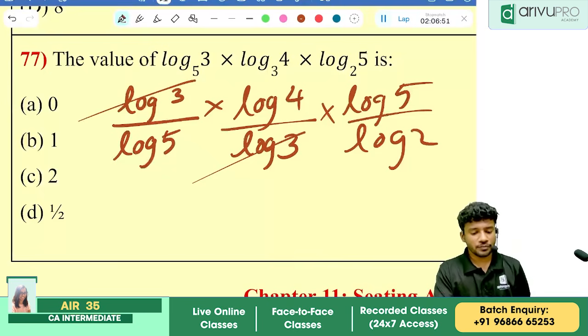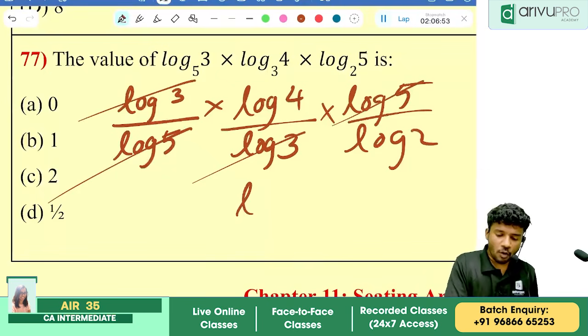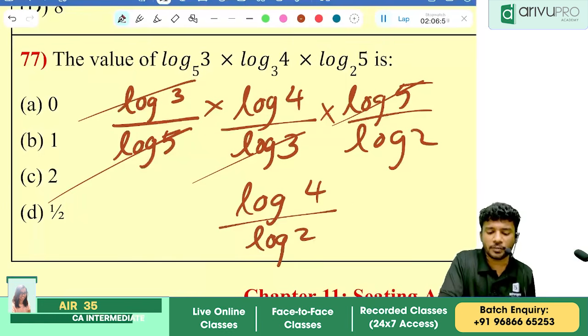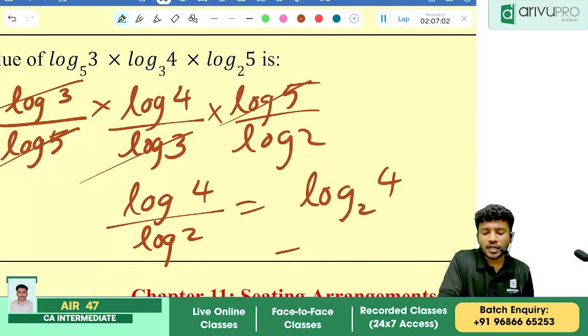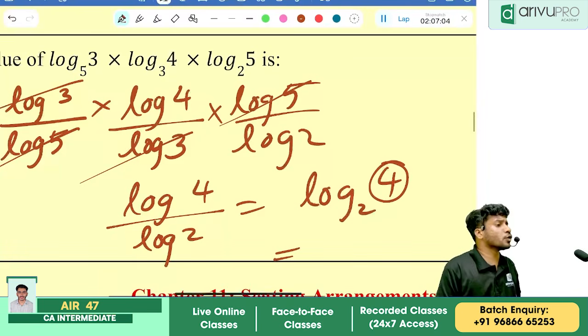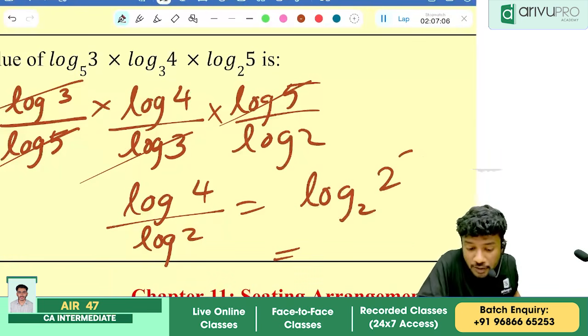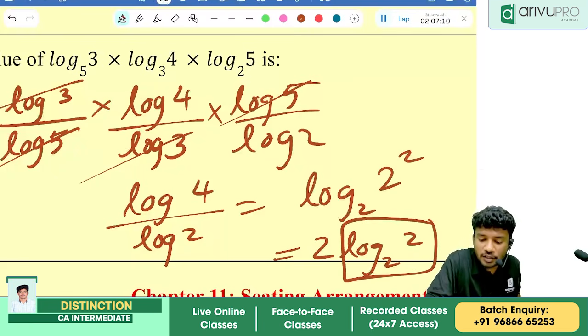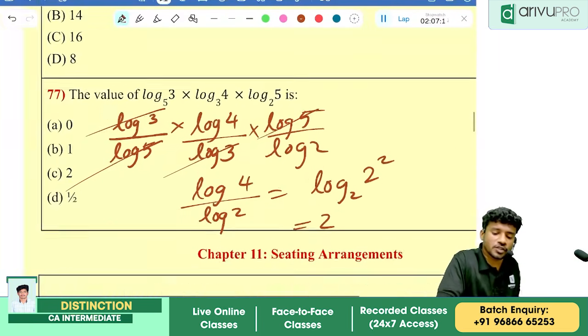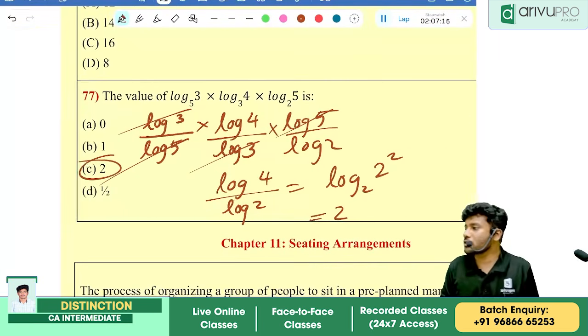Log 3 cancels. Log 5 cancels. What is remaining? Log 4 divided by log 2, which I can rewrite as log 4 to the base 2. Now 4 in terms of 2 is 2 squared, so that is 2 into log 2 to the base 2, which is 1. So the answer is 2. Option C.